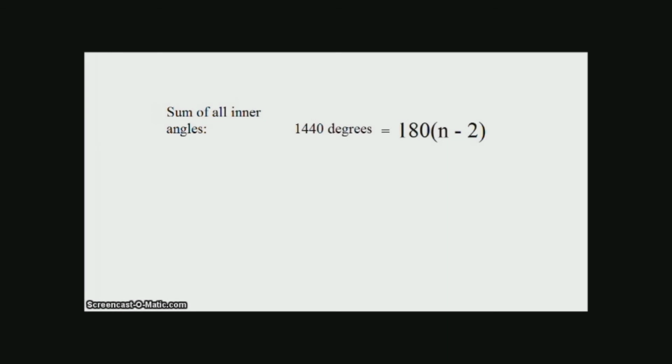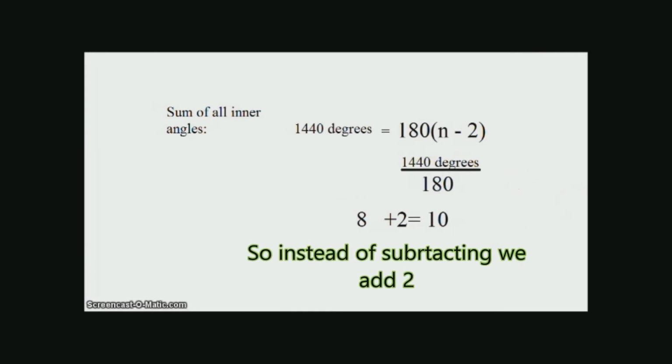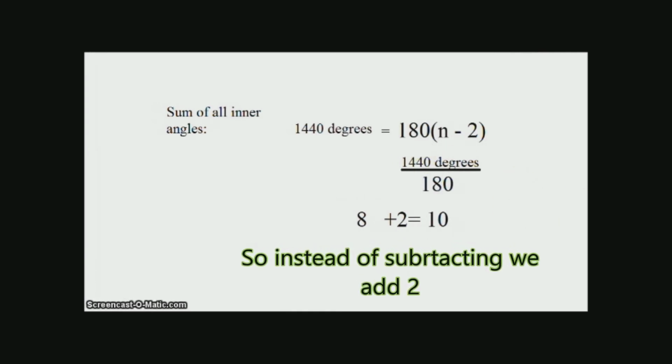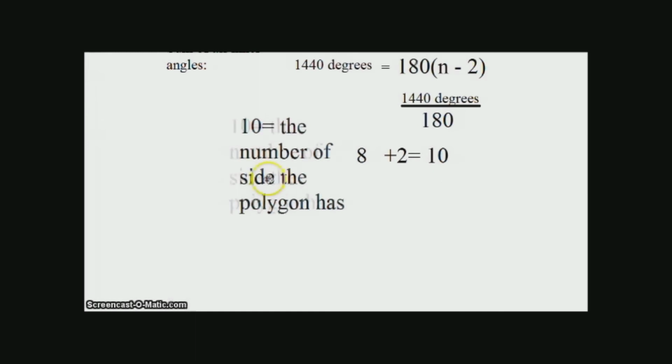And to do that, first you have to take away, so it'll be 1440 degrees divided by 180, which is 8. And then you have to do 8 plus 2, which equals 10. And then 10 is the number of sides this polygon has.